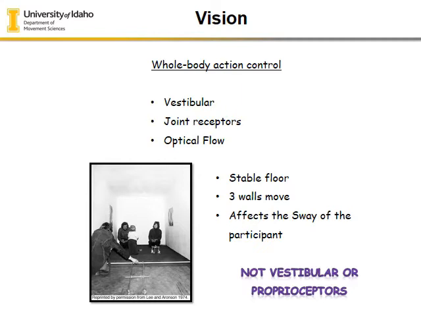That takes away joint receptors and vestibular input because the head's not moving, the body's not moving. But instead you have this room that moves around you. And so there's an optical flow illusion that happens during this process. What this is meant to show you is that vision has a great effect on our ability to balance through the environment.